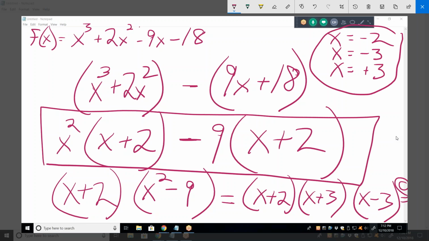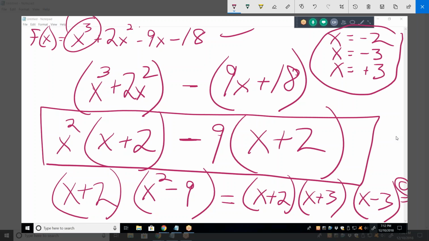And when you have a cubic equation, you expect three solutions. If you have a quartic, you would expect 4 solutions. When you have a quadratic, you expect 2 solutions. So you almost always have the same number of solutions as you have the highest degree of the equation.